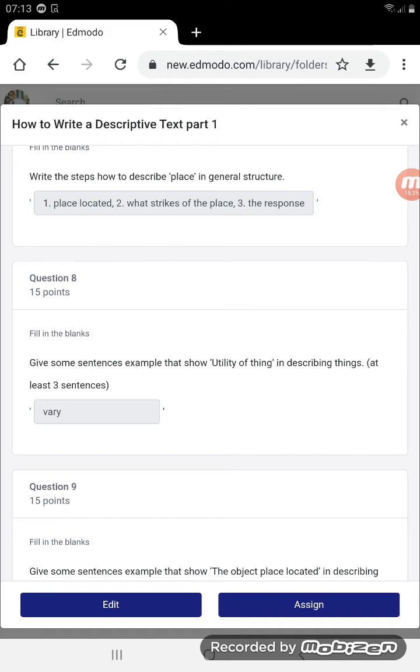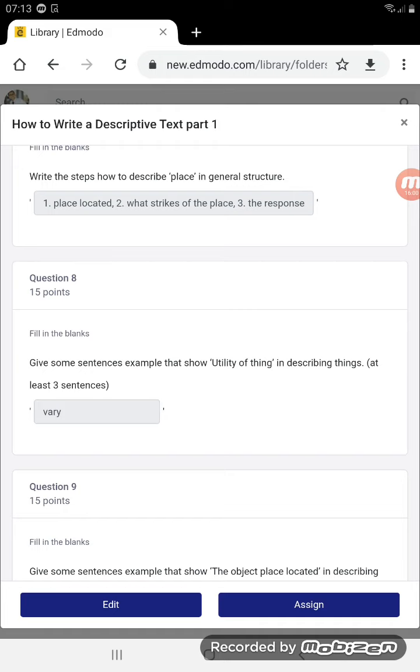For example, a pen. Oh, this is a pen, and then it is used for writing. It is used for writing and then drawing. And it can be used for scratching on the paper too. I love this pen. Okay, that's utility of things. And then, or maybe you want to describe a laptop. That's okay. What is a laptop for?